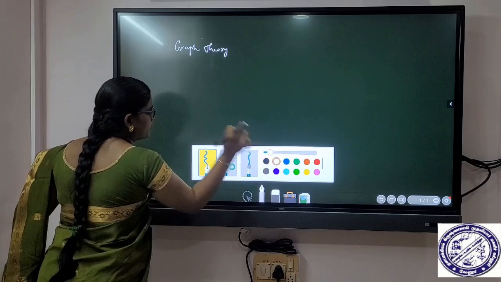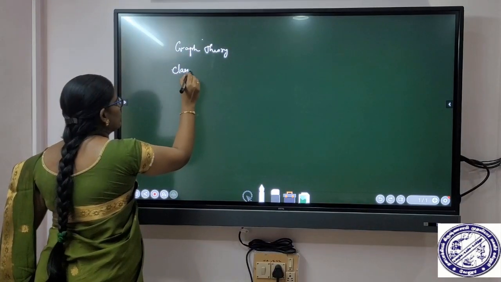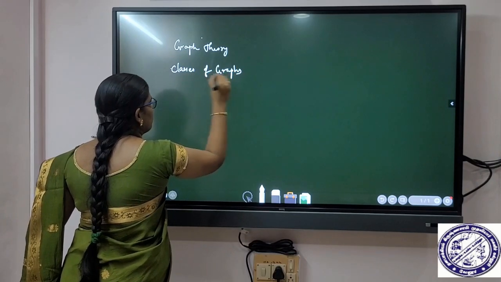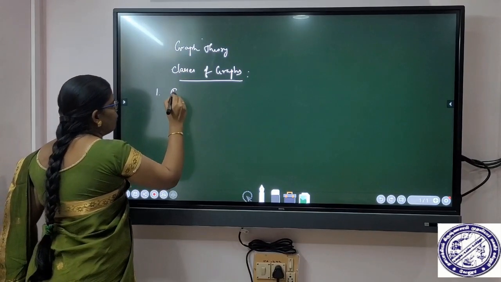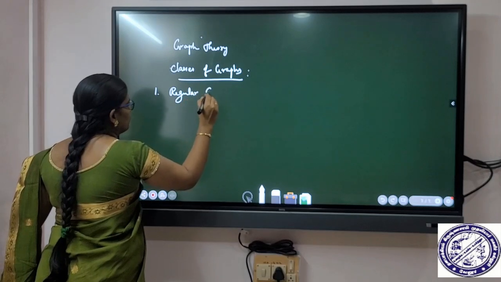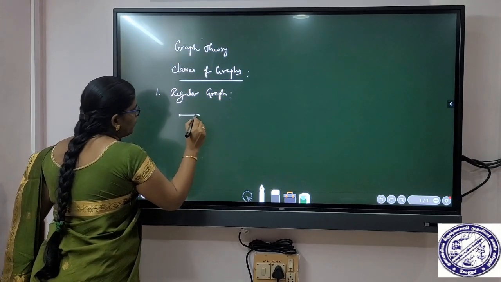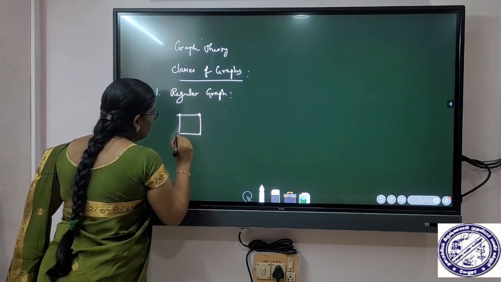Okay, next, classes of graphs. The first one is regular graph. Here is a simple example for a regular graph.